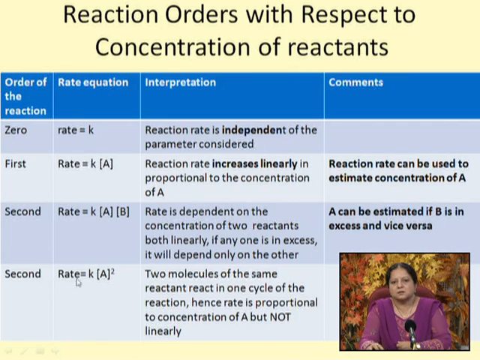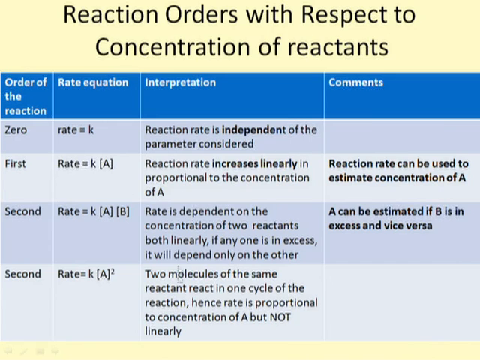This reaction, where two molecules of A are combined to give rise to the product in one cycle of the reaction, has a rate proportional to the concentration of A, but not linearly. It is proportional to the concentration of A raised to the power of 2.